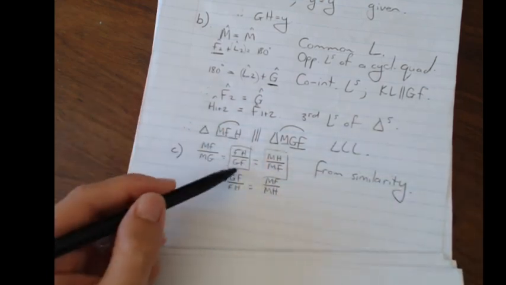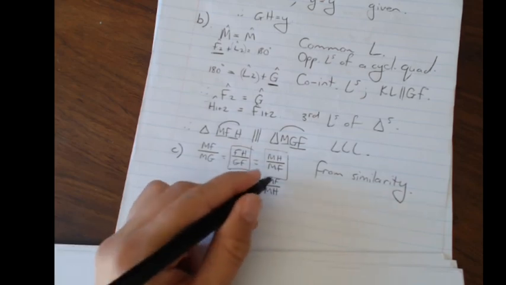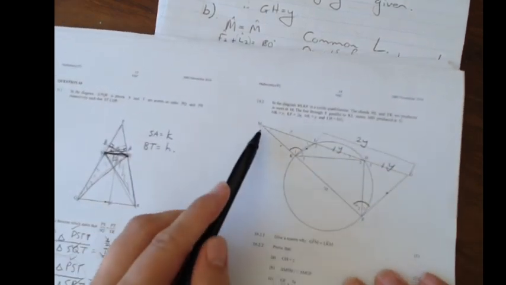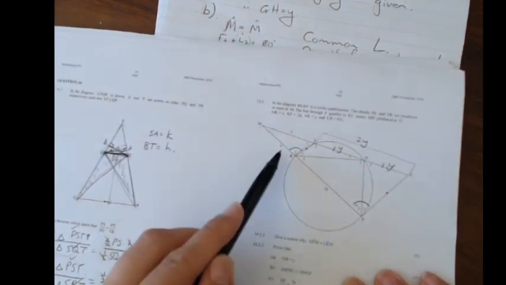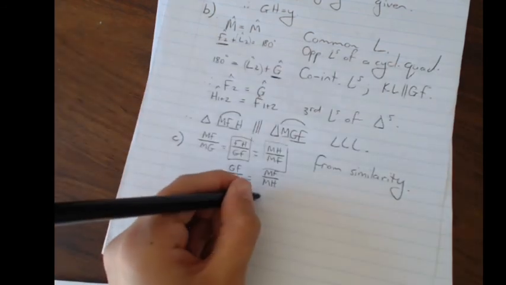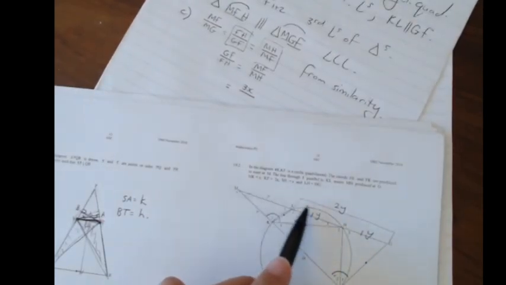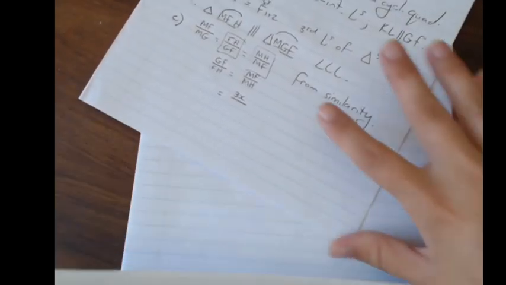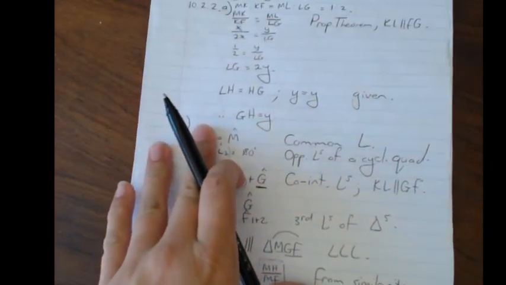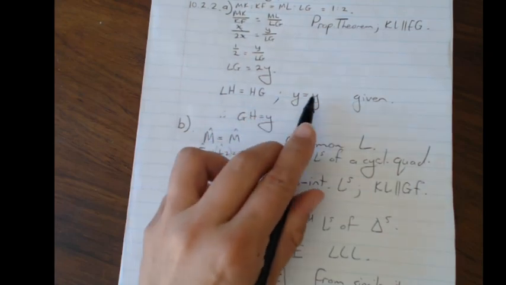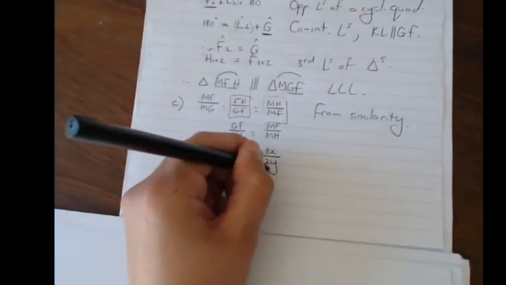And I want to show that GF over FH is equal to, and MF on the sketch, MF you see is x and 2x, which is 3x, over, and MH is ML, LH is y and y. I already stated those y's earlier, so it's not necessary there. So I can just say 2y, and that is what I want to show here.